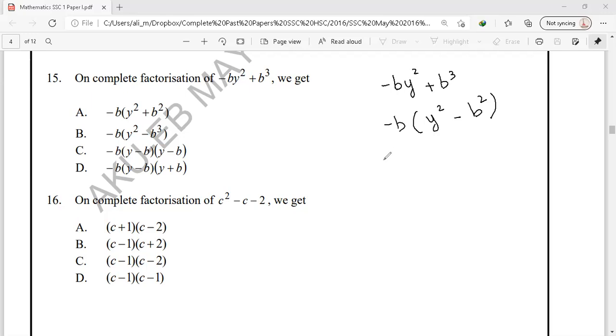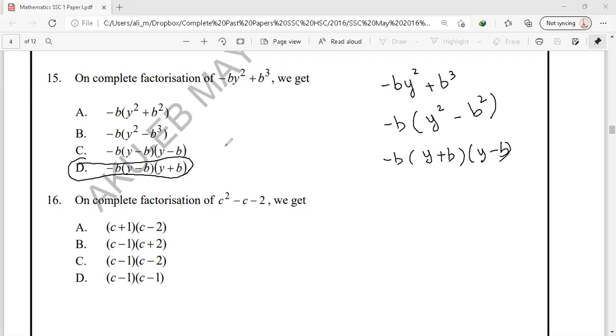Again, as we can see, we have y squared minus b squared, the difference of squares, the factorization of it would be equal to (y plus b) and (y minus b). So let's see which option is correct for this one. Minus b, (y minus b), and (y plus b). The option D is the correct factorization of this question.